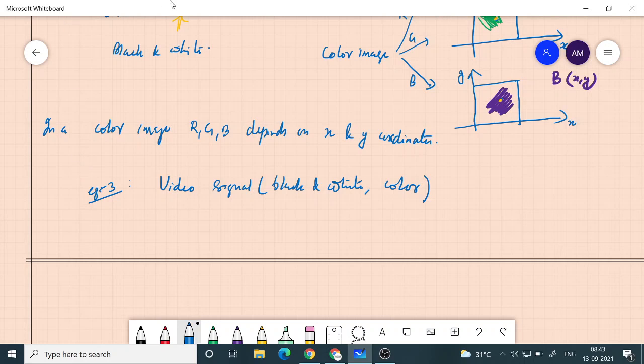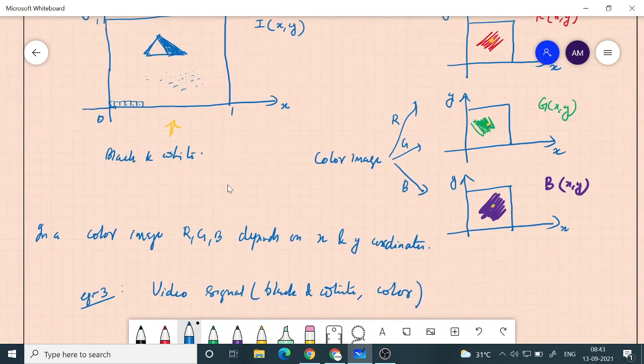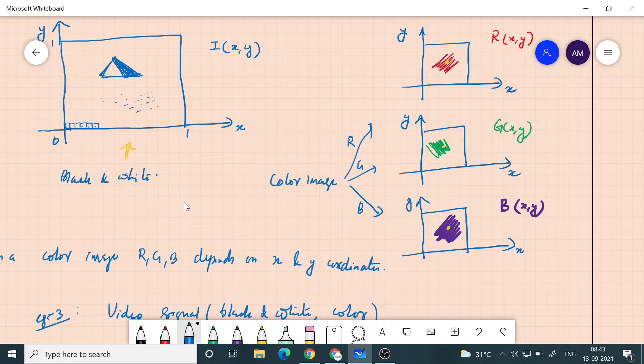So one more thing, let me say, since there are 3 components here, color image can be represented like a matrix or a column matrix.